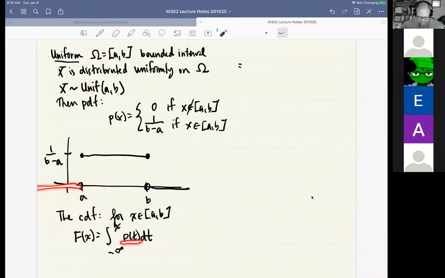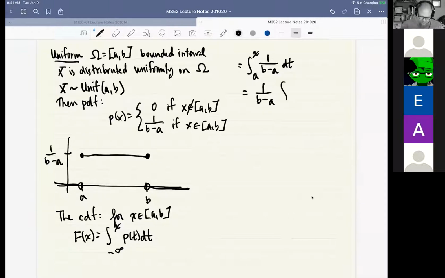So if my integrand is 0 somewhere, I can just drop that from the limit of the interval of integration. So I'm going to replace my negative infinity here with a. And then there's the formula for my PDF. I'll pull that 1 over b minus a out. And you get the integral from a to x of dt.